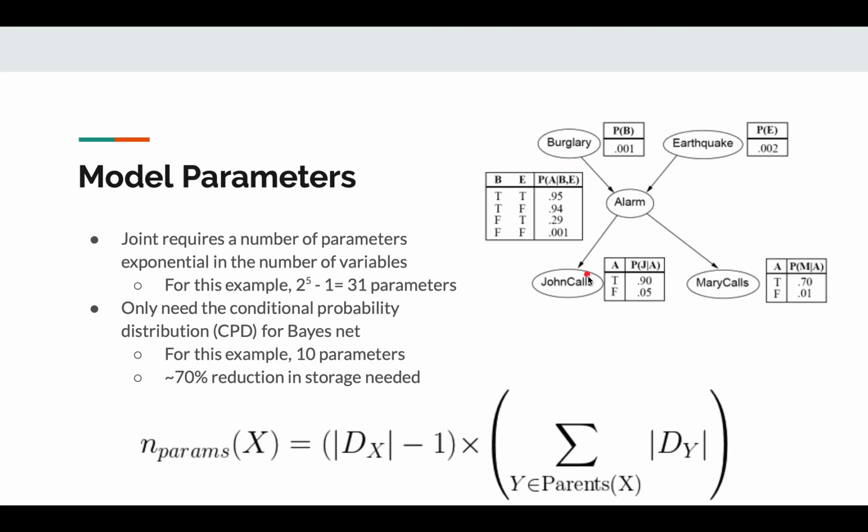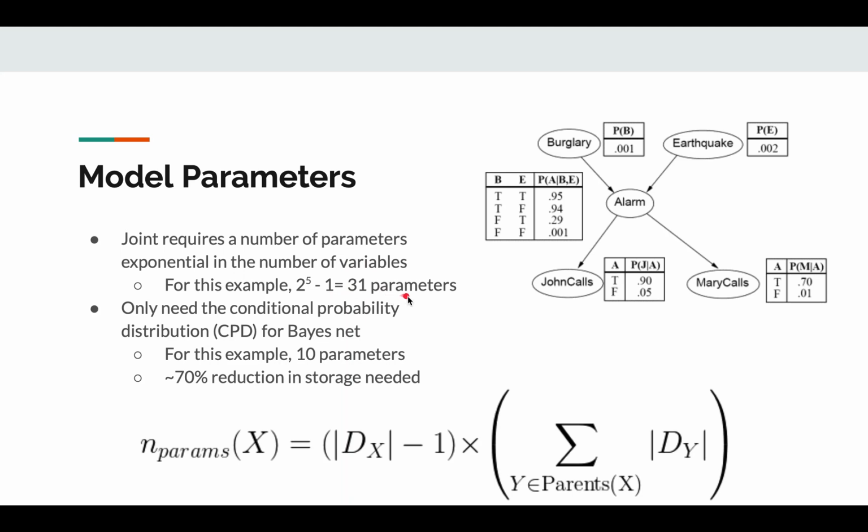So we would need 2 to the 5th specific joint representations. We don't need to save the last one though, because the value of the last one is just 1 minus the sum of the rest. So we would require around 31 parameters.